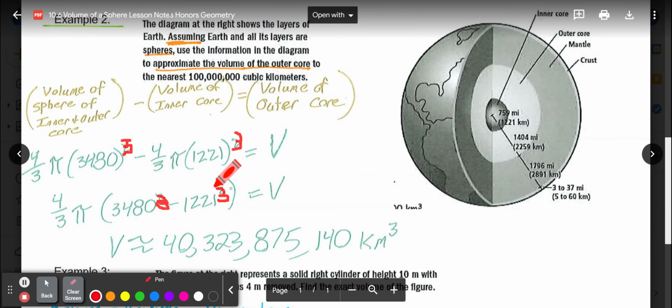So if we put that into the calculator, doing inside the parentheses first, then multiplying it by 4/3 and multiplying it by pi, our approximate volume comes out to be, and in this case, we'll see a rather large value, 40,323,875,140 cubic kilometers. So then, if I wanted to round that to the nearest 100 million, that would just be 40,300,000,000 cubic kilometers.